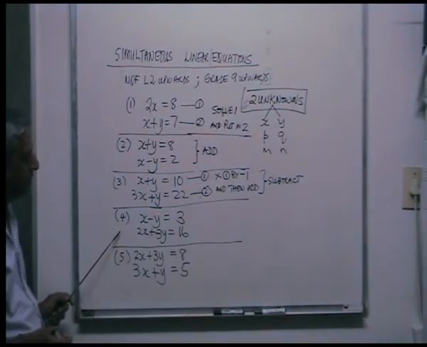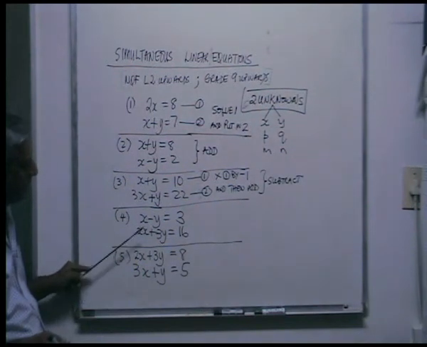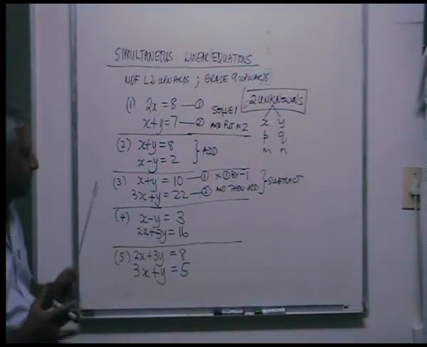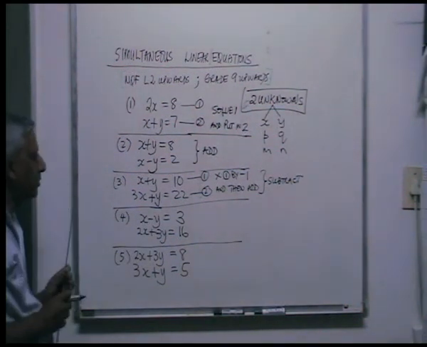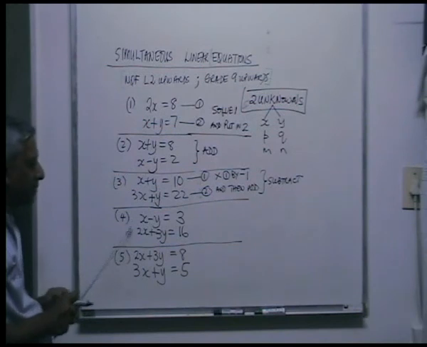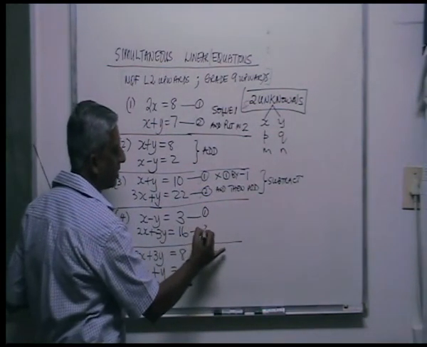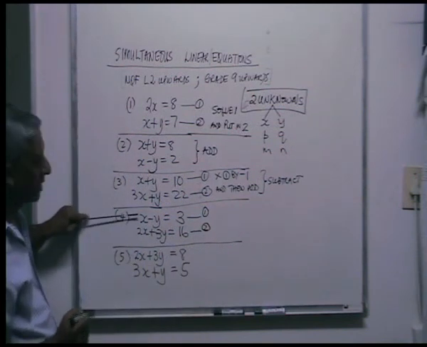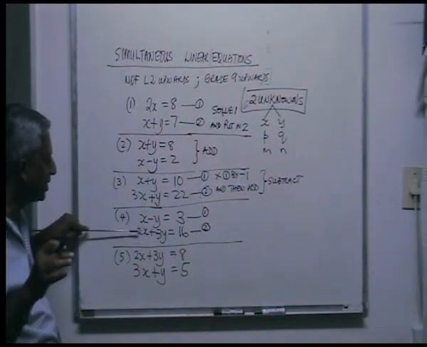Right, now let's look at number 4. If I add here, I'll get 3x, and 2y is equal to 19. So the unknown is not disappearing. We've got to get rid of one unknown. So in this example, call that equation 1, call that equation 2. It takes a little bit of common sense and a little bit of studying the equation.